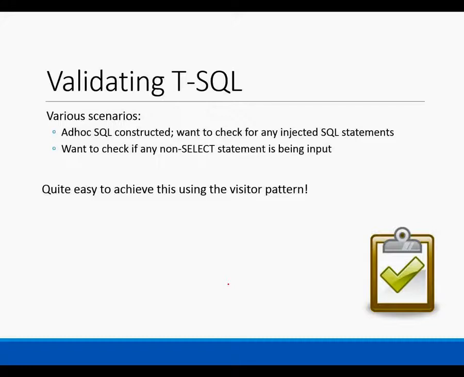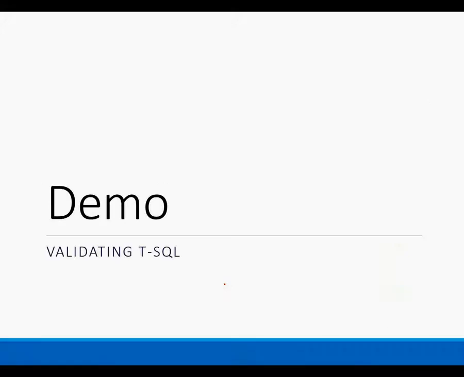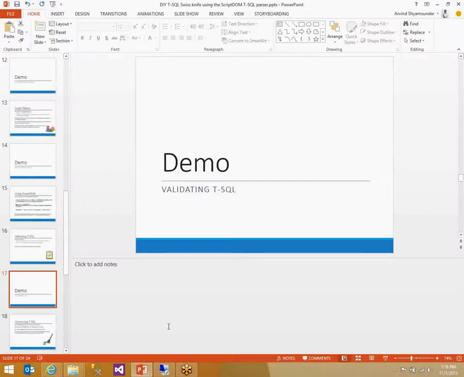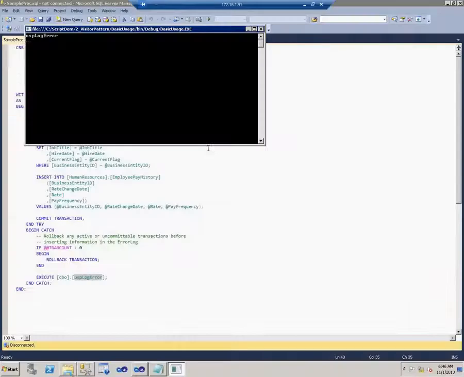That's a possible way to detect an injection attempt, for example. That's very easy to achieve using the ScriptDom parser and the visitor pattern. So let's go back to the demo machine and take a look at two demos back to back. One where we deal with the script tokens, and the second one where we deal with validating T-SQL.